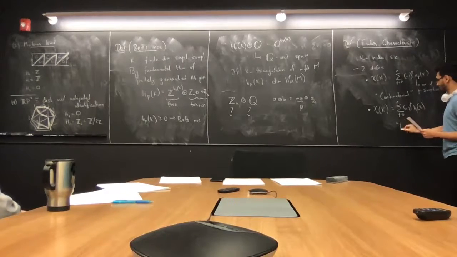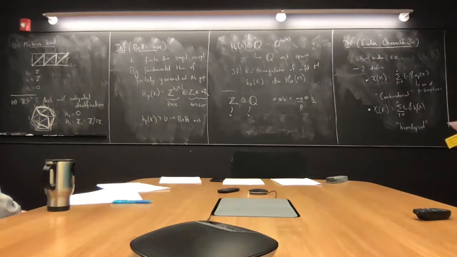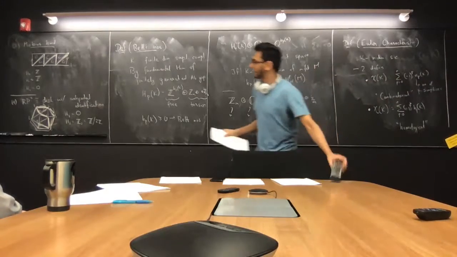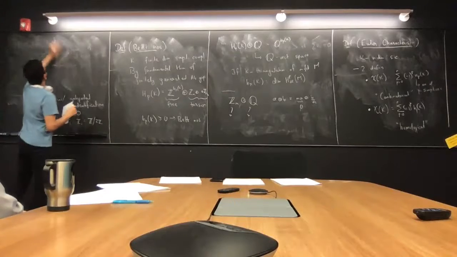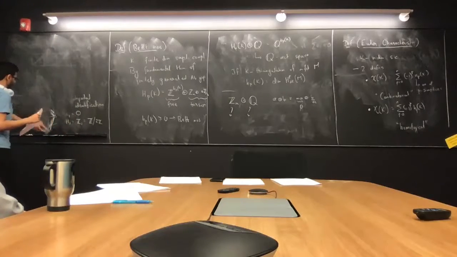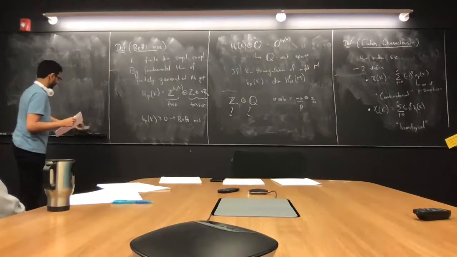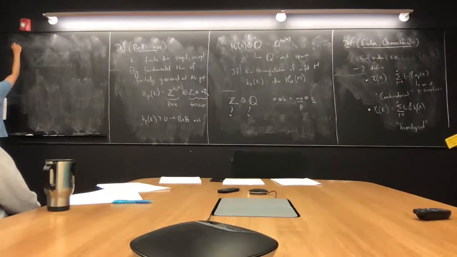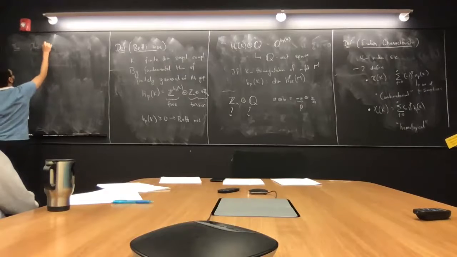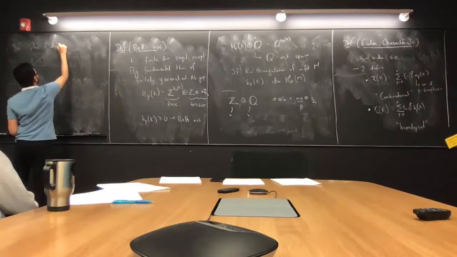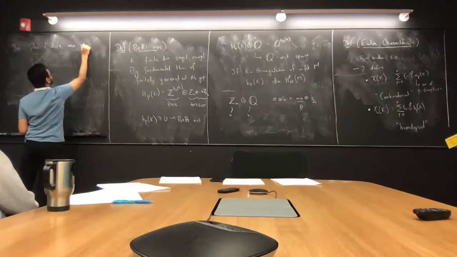This is called the homological Euler characteristic. And the theorem is that the two definitions are equivalent.